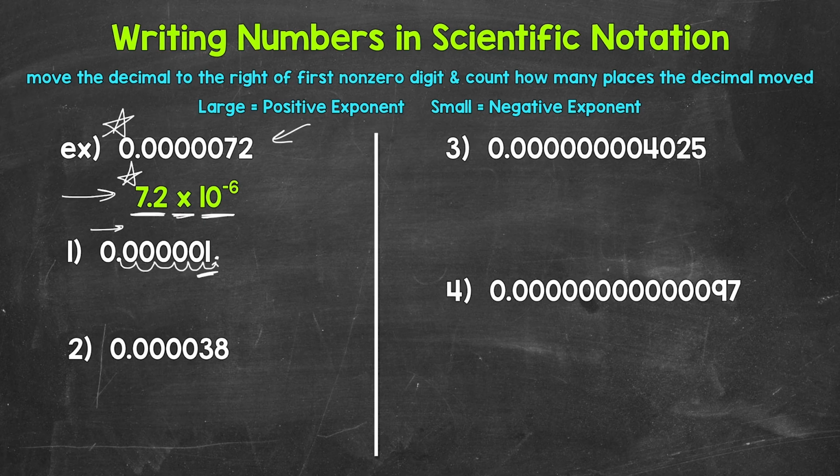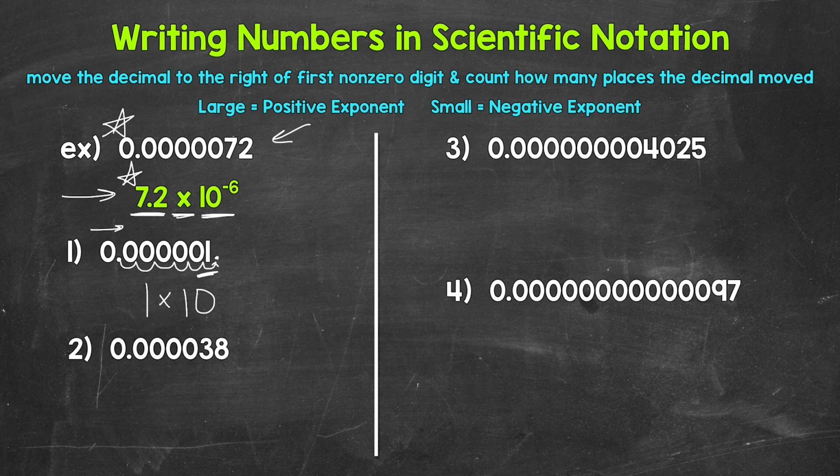So what we do now, we write 1, and we just have a whole number here. We don't have any decimal digits for this one, so we just have 1. And all of those zeros to the left of 1, we leave off. We don't need those. And then we multiply that by a power of 10. So 1 times 10, and now we need an exponent. So what power of 10 here?